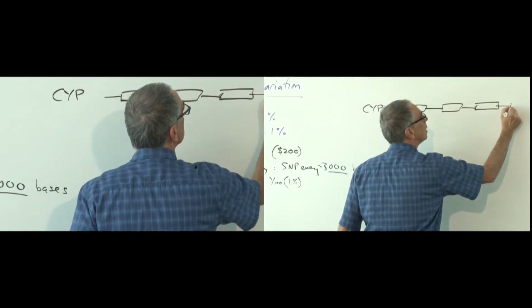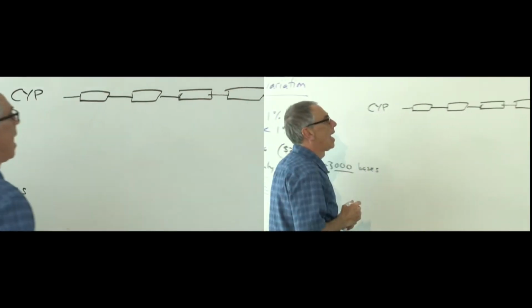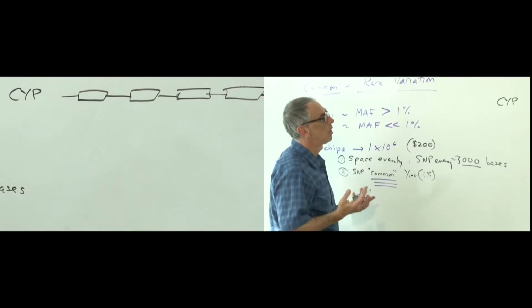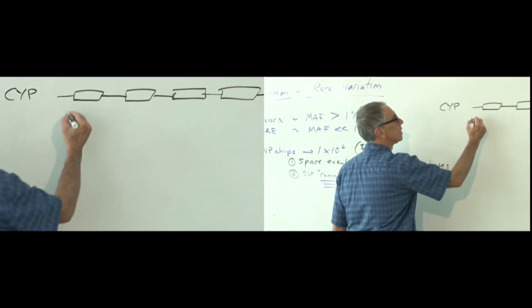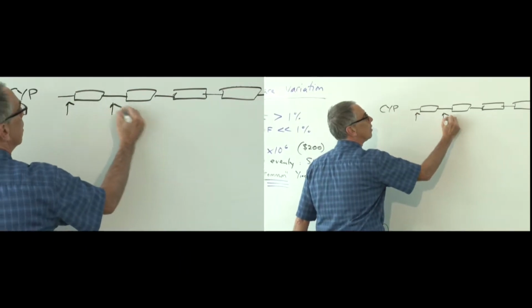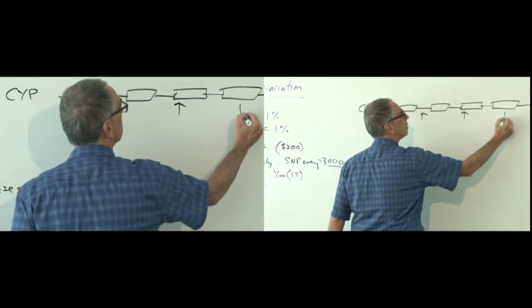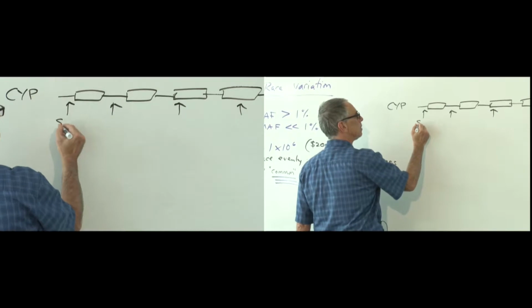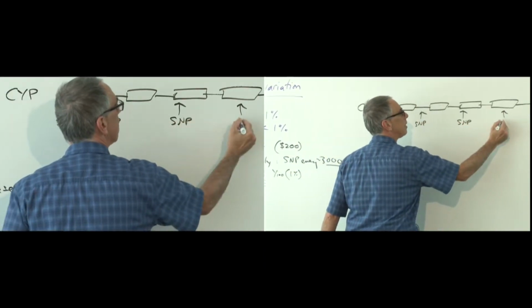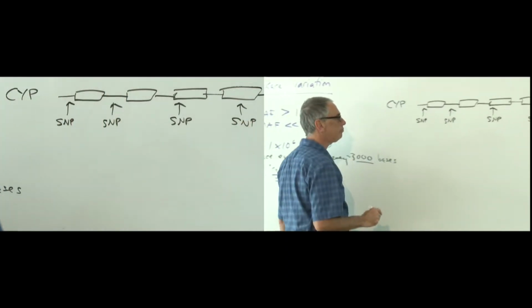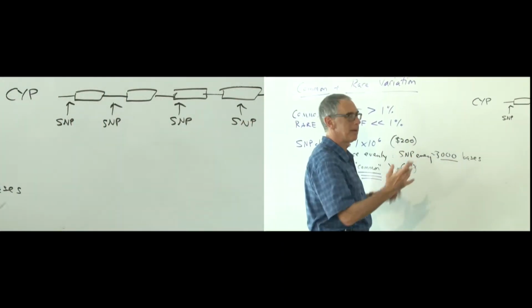There's the exons and the introns. And it will be sampled every 3,000 bases or so. There will be a SNP. So let's say you take one there, you take one there, you take one there, you take one there. These are the SNPs that are on the chip. Again, common, spaced 3,000 bases.